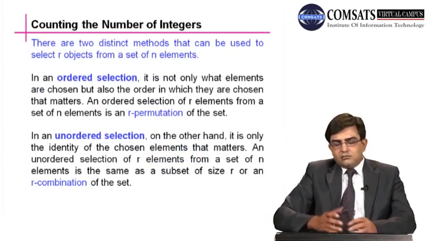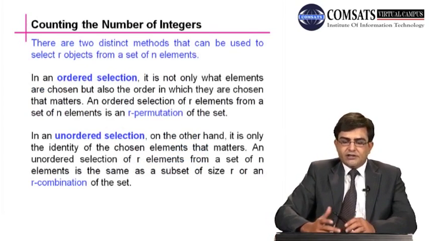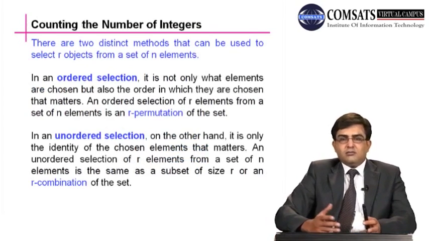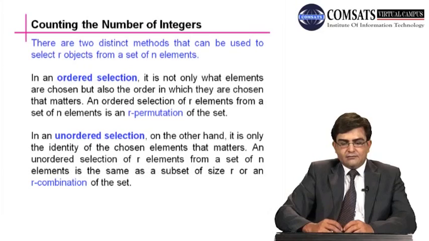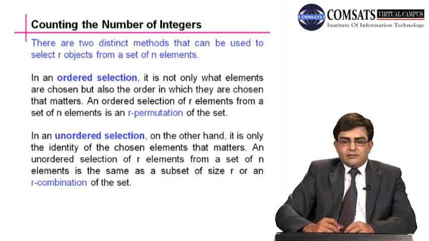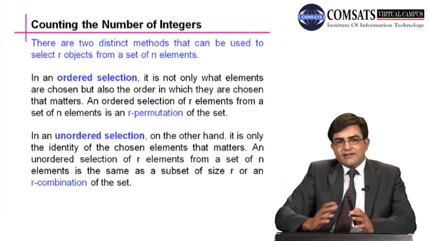Now, what is the permutation, and what is an unordered selection? There are 2 distinct methods that can be used to select r objects from a set of n elements. Now we shall discuss the difference between permutation and combination.